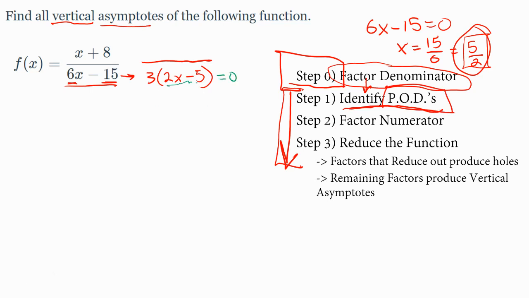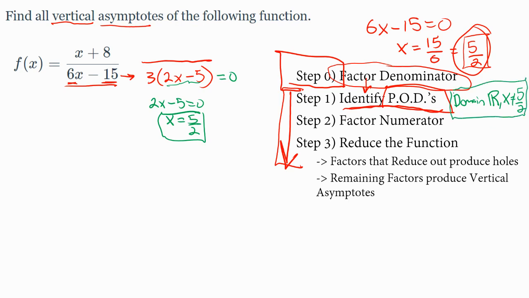The only part that matters is what's inside, and we get 2x minus 5 equal to 0, which will produce x equals 5 halves as a problem called a point of discontinuity. So right now I could say my domain for this function is all real numbers, comma, x doesn't equal 5 halves. So we're identifying there is a point of discontinuity amongst the infinite domain. There's one point that doesn't work.